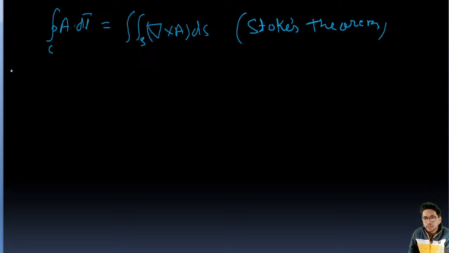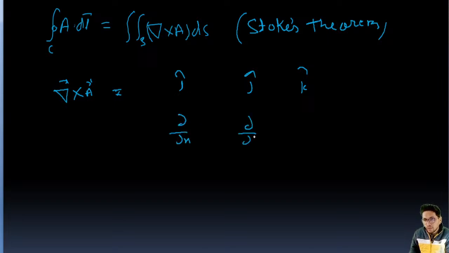Here we'll use it. Okay, so this is the A dot dl, and now we'll find curl of A. Curl of A is going to be the determinant of I cap j cap k cap, del over del x, del over del y, and del over del z, and the value of A is yz, zx, and xy, which is given, right?